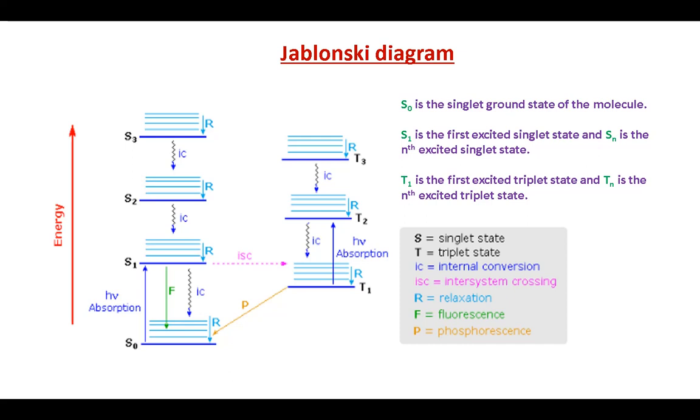Jablonski diagram. The Jablonski diagram is widely used in fluorescence spectroscopy to illustrate the excited states of a molecule and the radiative, non-radiative transitions that occur between them. The Jablonski diagram is named after Polish physicist Alexander Jablonski, who is regarded as the father of fluorescence spectroscopy.